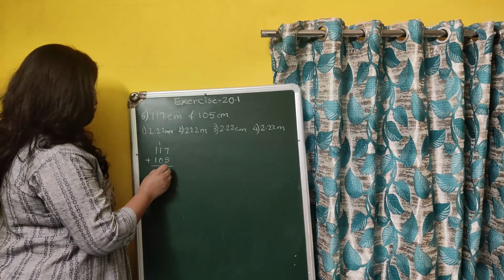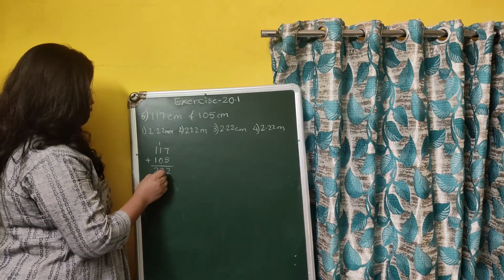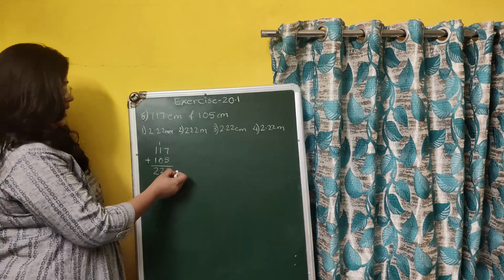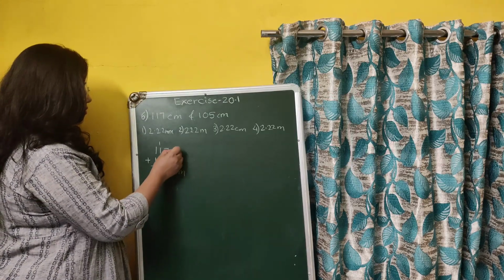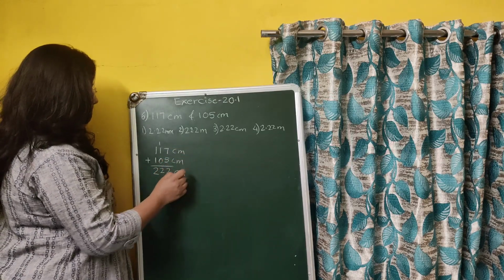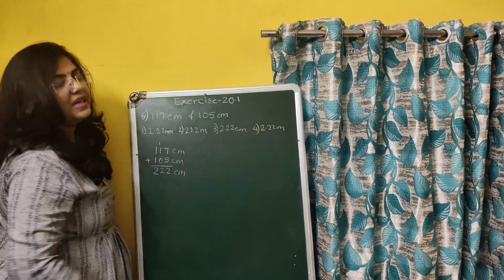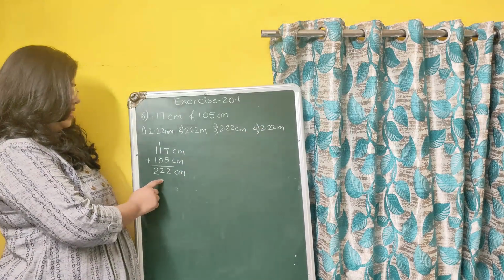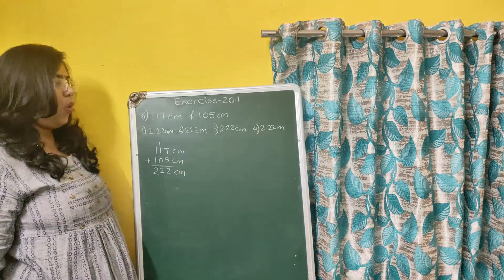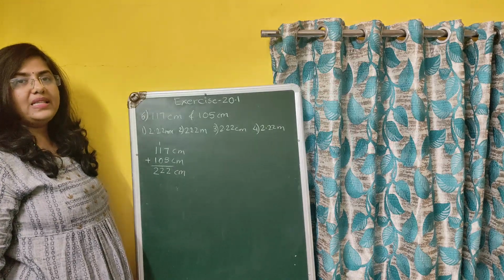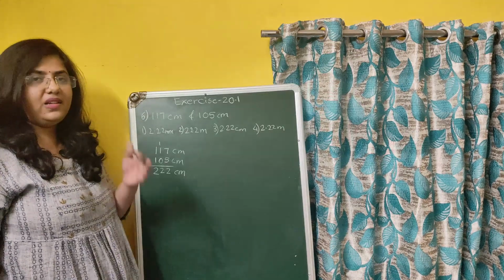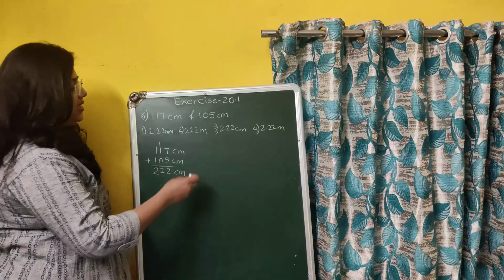Then 1 plus 1 is 2. And again 2. 202 centimeters. But is this option available in our options? 222 centimeter, is it there? No. So what we can do is convert it into meters. How are we going to convert it into meters? Let us see.